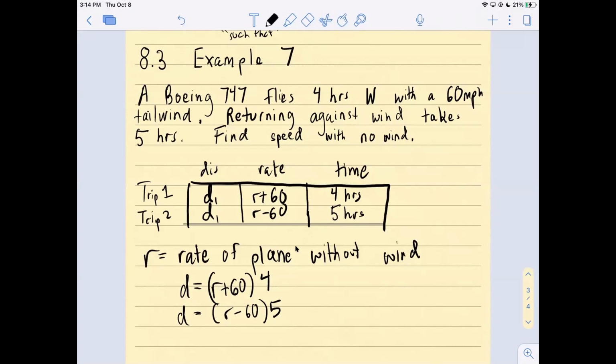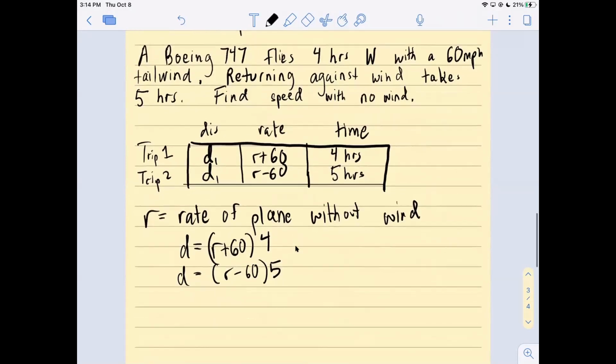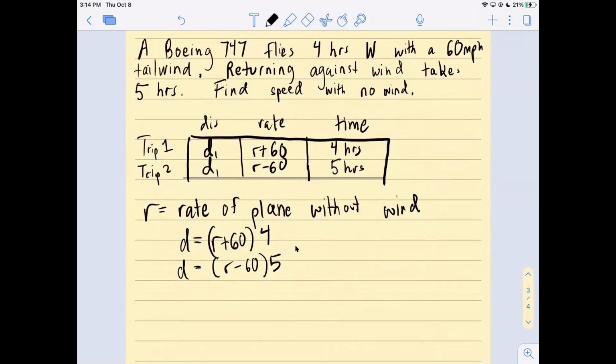I think I would do substitution as well, just because whenever you see something like D equals, just set them equal to each other. It's basically elimination as well. But just plugging it in, you get R minus 60 times 5 equals R plus 60 times 4.